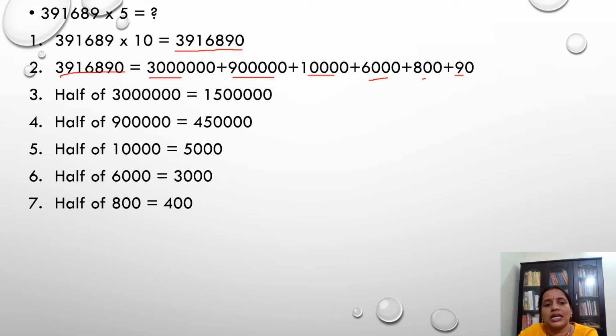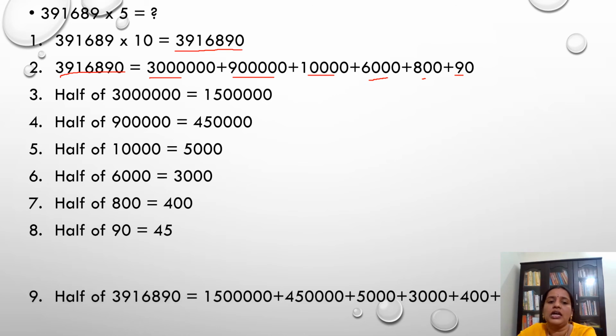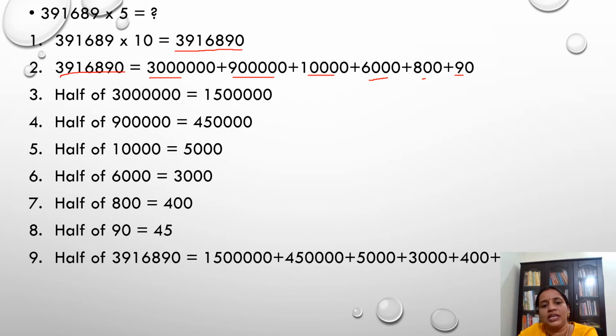What would be the next thing? I need the half of 39 lakhs 16,890. For that, I have to add the half of 30 lakhs plus half of 9 lakhs plus half of 10,000 plus half of 6,000 plus half of 800 plus half of 90, which is equal to 15 lakhs plus 4 lakh 50,000 plus 5,000 plus 3,000 plus 400 plus 45, which is equal to 19 lakh 58,445.